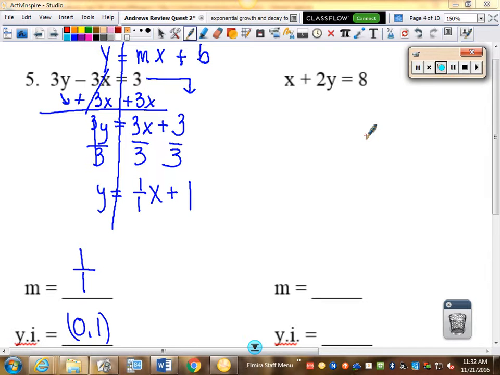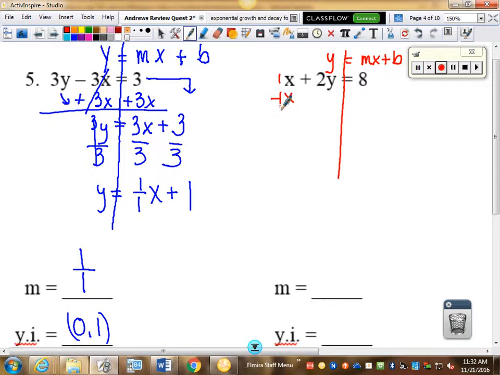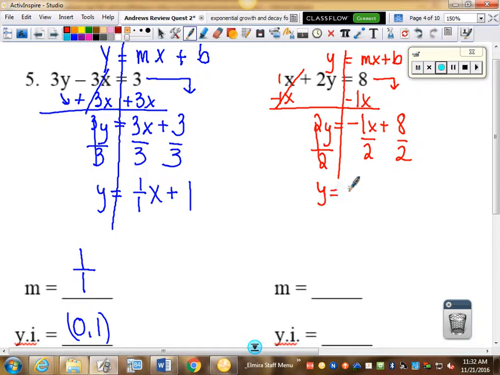Okay, this equation also is not in y equals mx plus b form. I've got to subtract, remember this is a 1x, off each side. 2y equals negative 1x, the 8 has to go underneath the b, then divide by 2, divide by 2, divide by 2. y equals, leave that as a fraction, negative 1/2 x.